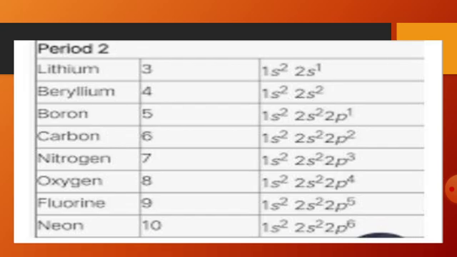We have studied this in our previous lecture. We are writing down the electronic configuration as per the Aufbau principle. So if anyone comes and asks you what is the atomic number for boron and what is its electronic configuration, you should be able to answer it. How many elements are present in the second period?